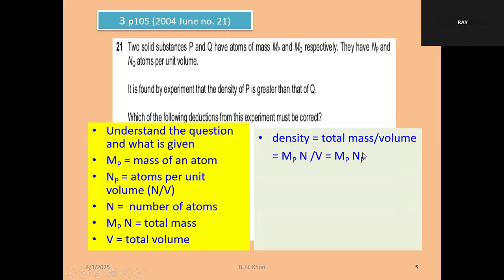So it's n_P. So same with that. Then what is given? Density of P is greater than density of Q. Q, check. Put in this one, right? This is for Q, rho Q. Answer is 0. Can. Yeah. Can.